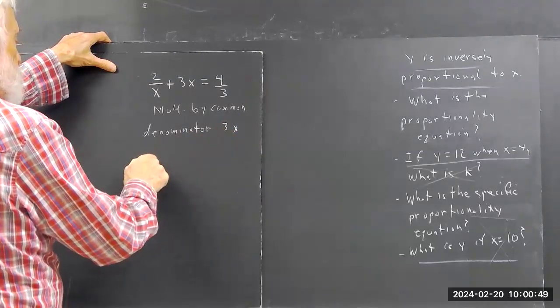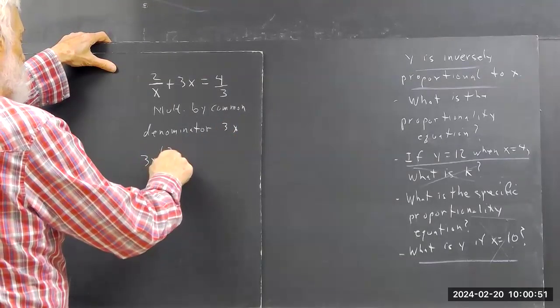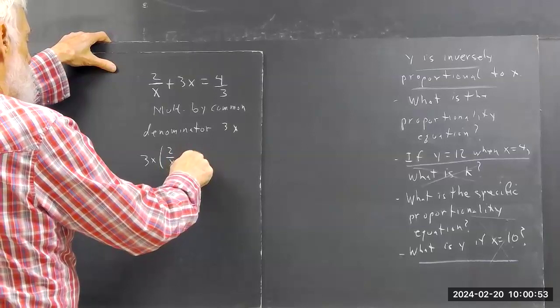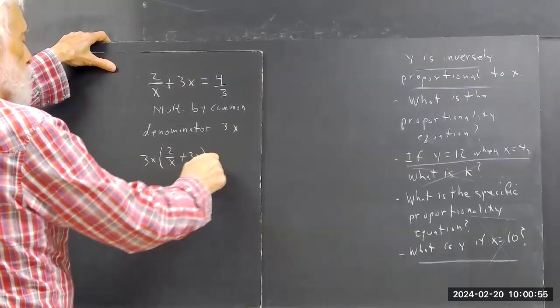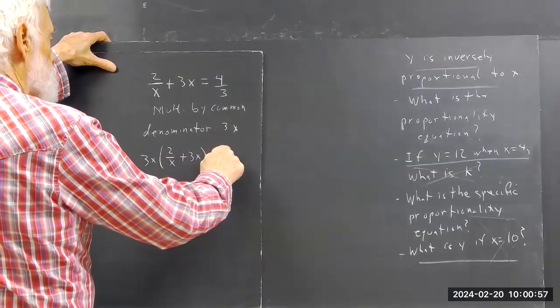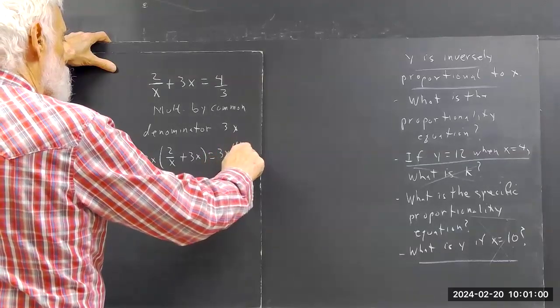Common denominator is 3x, so you do 3x multiplied by the quantity 2 over x plus 3x equals 3x times 4/3.